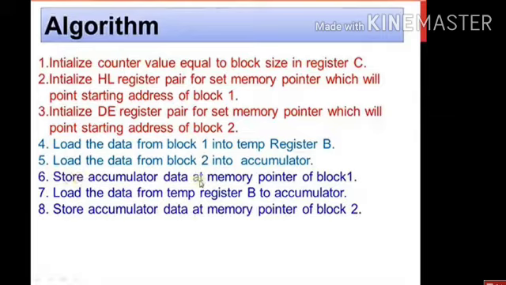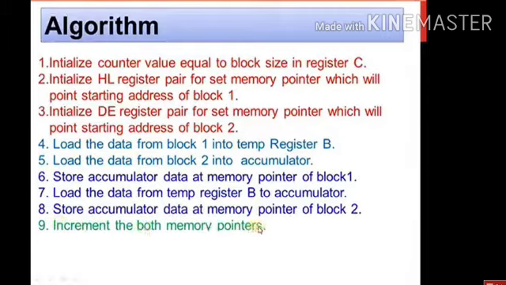Now I will store the accumulator data at the memory pointer of block 1. Accumulator data should go in block 1. Now load the data from temporary register B to the accumulator. Now store the accumulator data at the memory pointer of block 2. This much is clear. Please look over this very carefully.